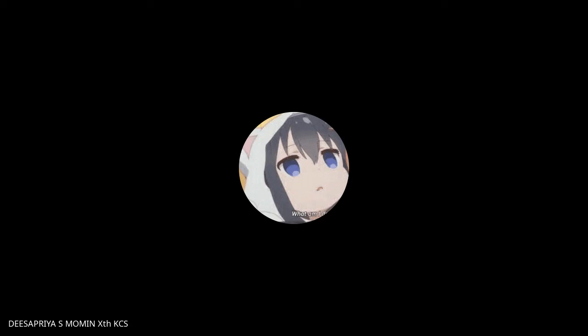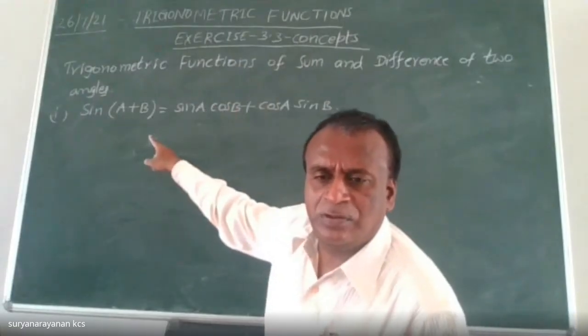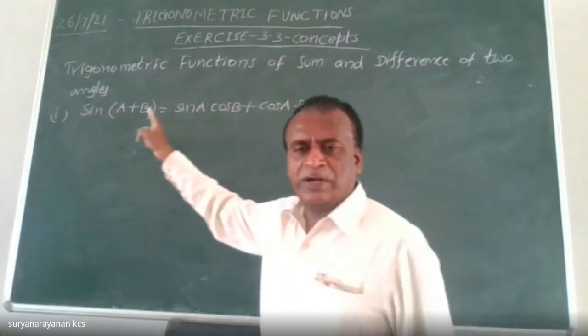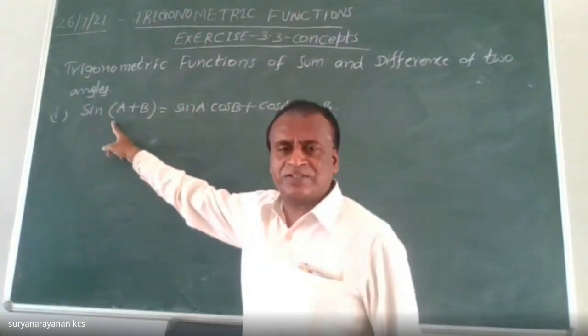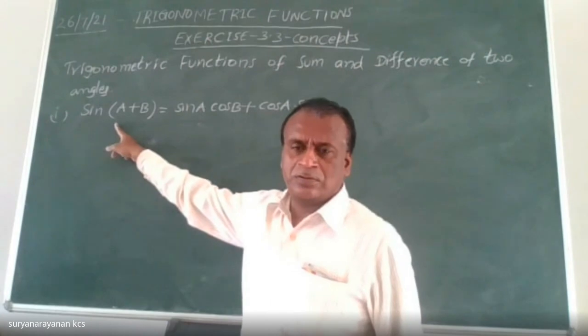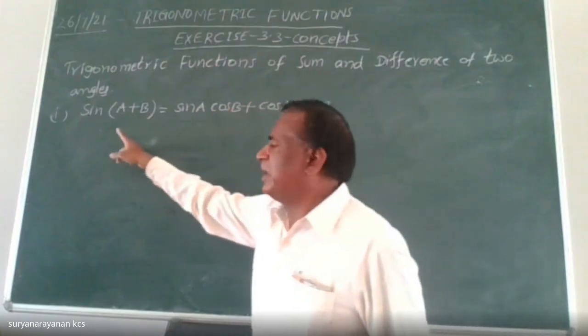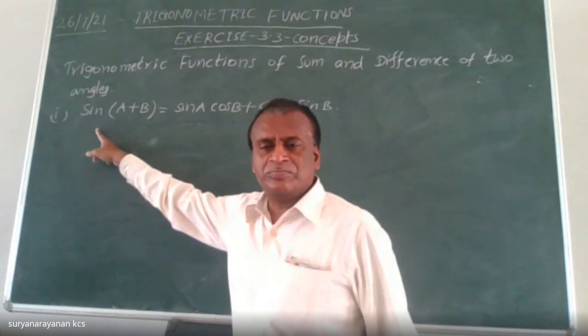Sin of a plus b is equal to sin a cos b plus cos a sin b. Very good. Richan, read. Sin of a plus b is equal to sin a cos b plus cos a sin b. Very good. Rexlin, read this formula once. Sin of a plus b equals sin a cos b plus cos a sin b. Very good.